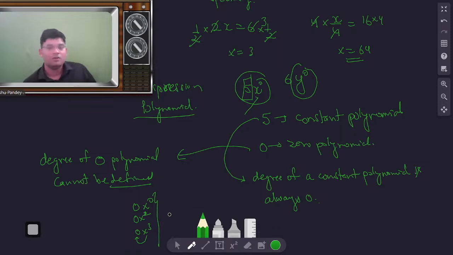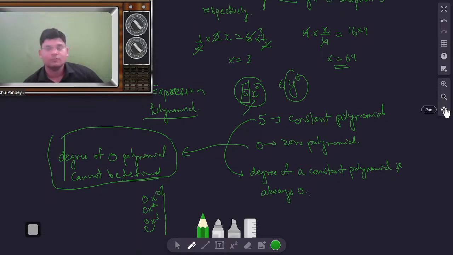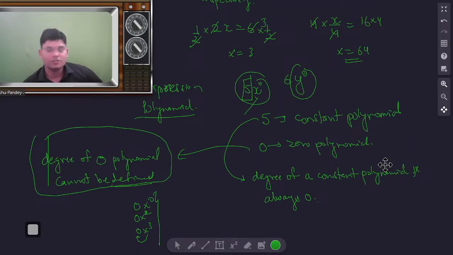No. The degree of the 0 polynomial is not defined. Understood? Yes, sir. Vihan and Daksh, yes, sir, understood.